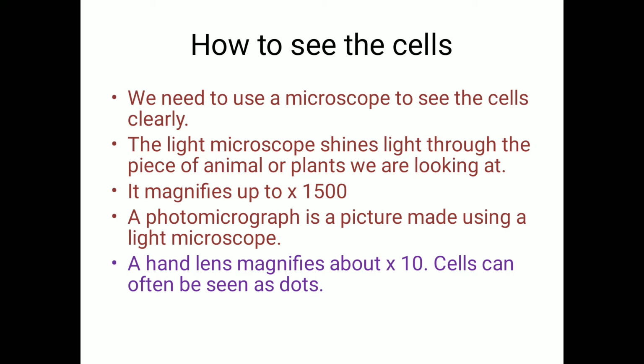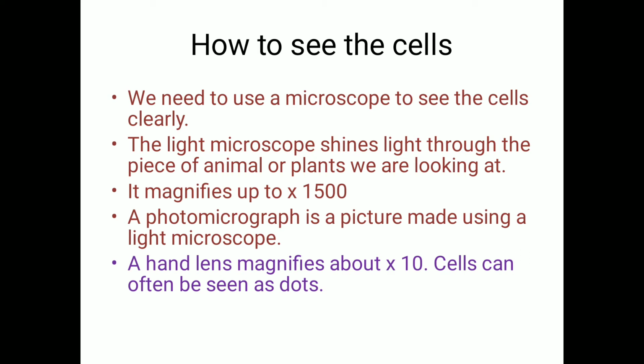The light microscope that we use normally shines light through the piece of animal or plant we are looking at. It magnifies up to 1500 times. A photomicrograph is a picture made using a light microscope.